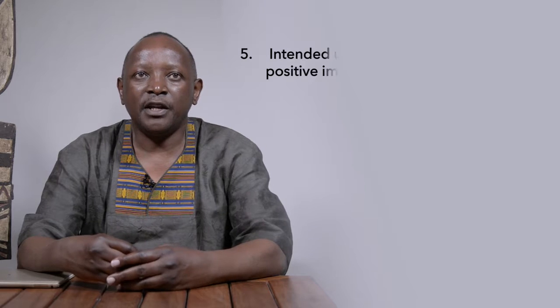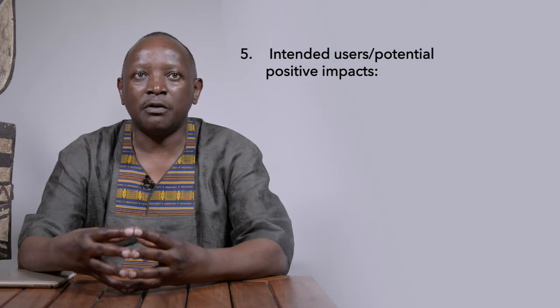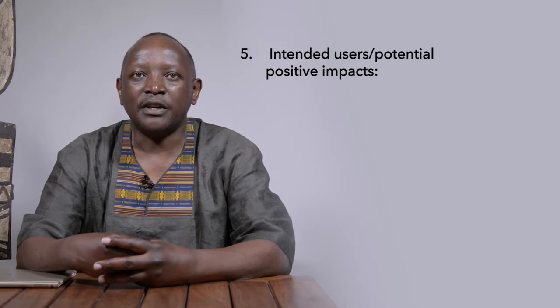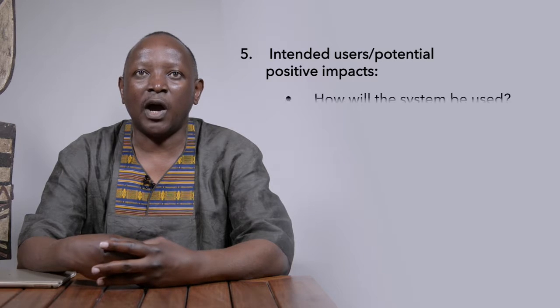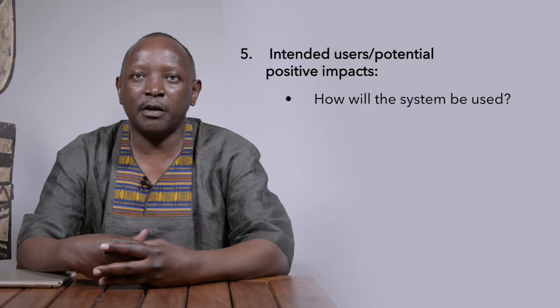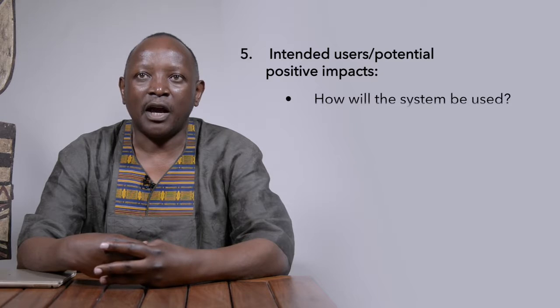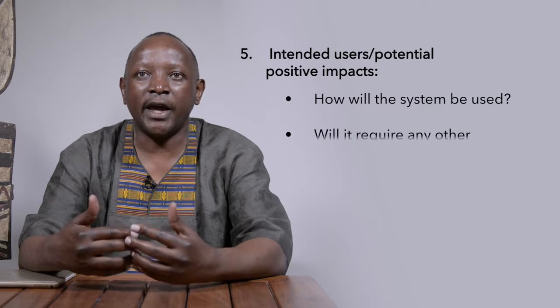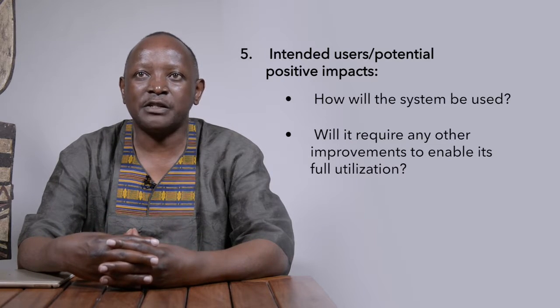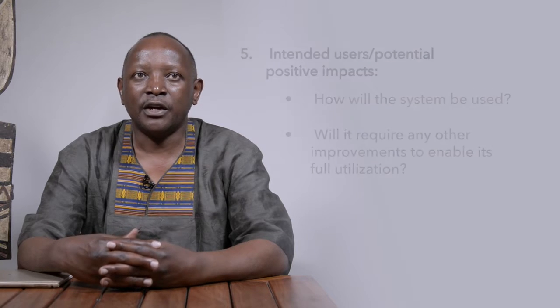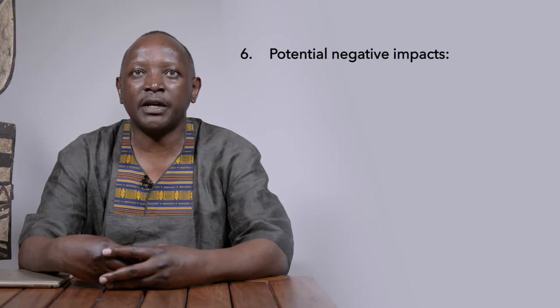The fifth element involves intended users, and this is focused on how the system will ultimately be used and whether it will require any other enhancements to enable its full utilization. The sixth element revolves around the potential negative impacts.